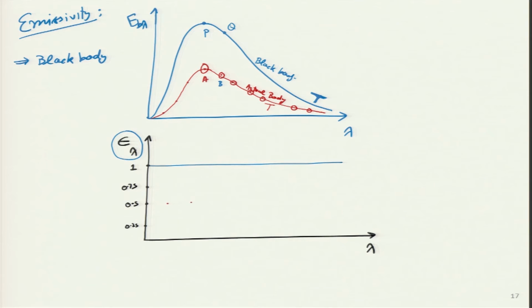So, I can mark those points as all having the value 0.5, isn't it? Then I connect them like this. Then I am writing some numbers here, and I say that the emissivity as a function of wavelength is 1 here, and the emissivity as a function of wavelength is 0.5 here.